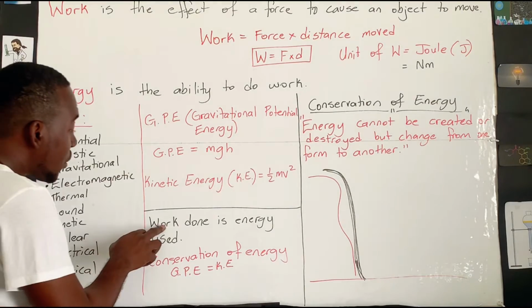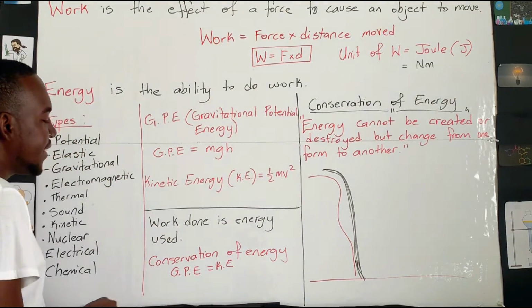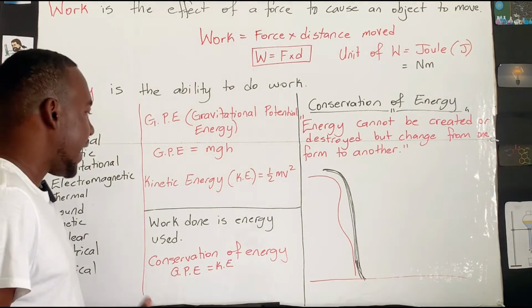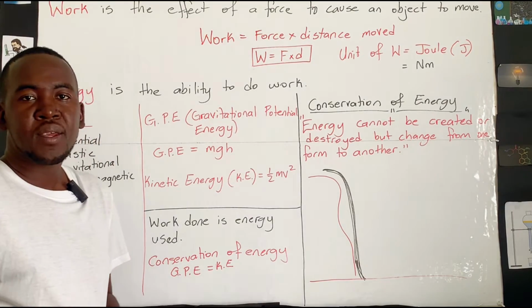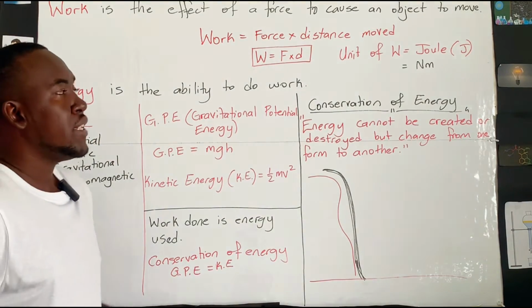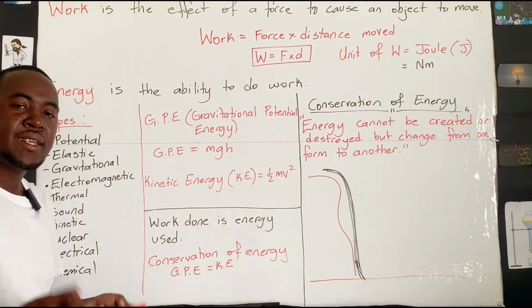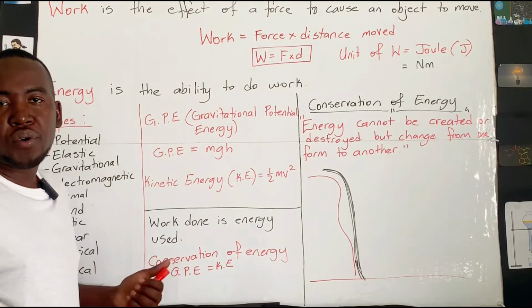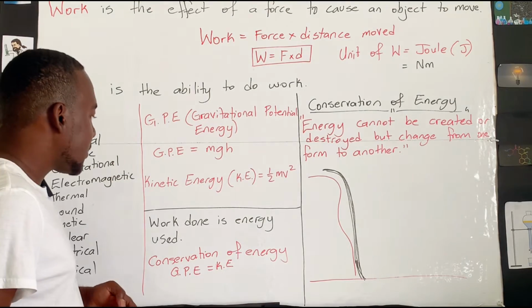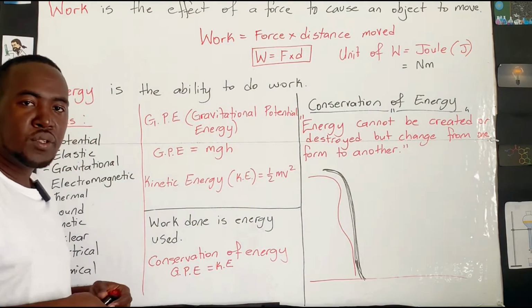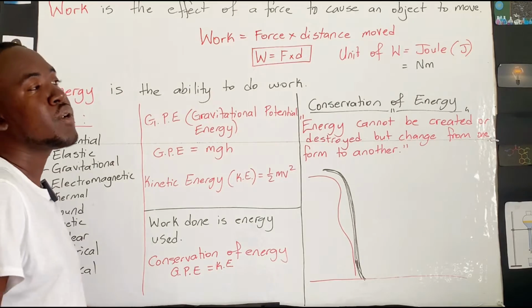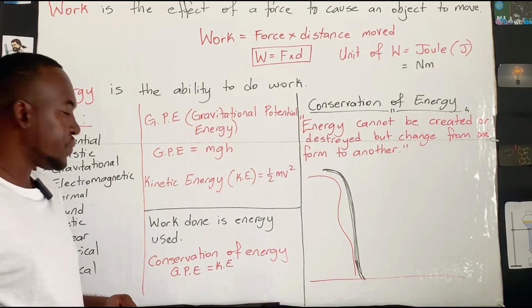Now, it is always good to know that work done is the energy that is being used. So if we do 10 joules of work, then that means we have utilized 10 joules of some form of energy, right? So how much energy you've used tells us how much work we have done.